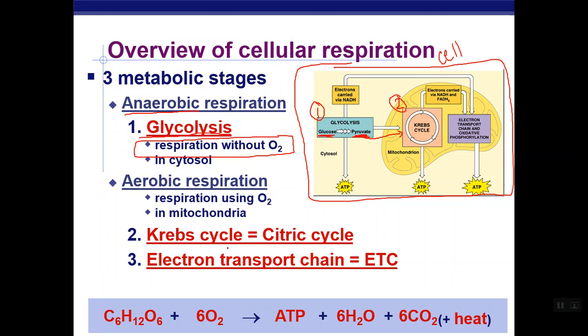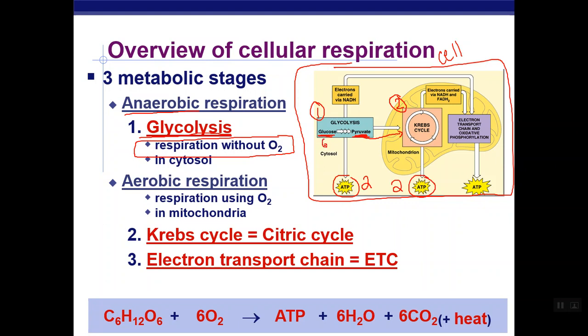We'll walk through what happens to pyruvate once we're in the Krebs cycle, but the point is, these two steps do make a little bit of ATP. You actually get 2 ATP from glycolysis, and you get 2 ATP from the Krebs cycle. So you do get a little bit of energy, but it's honestly not that much.